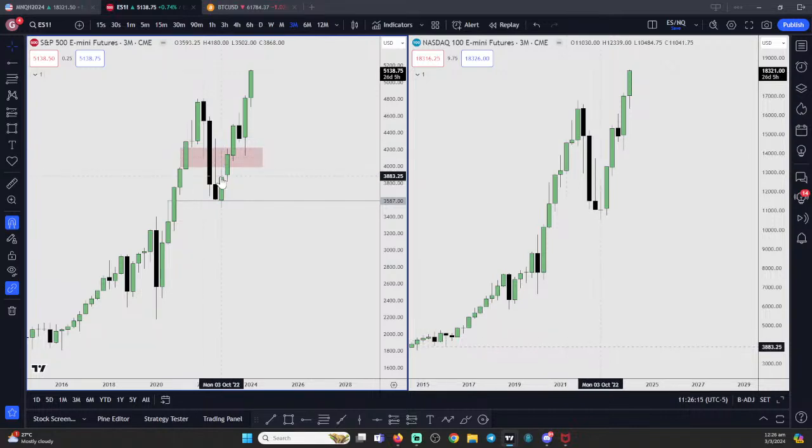And then in subsequent months we have resistance as we head up into this balanced price range. And once we got the close above the balanced price range, it's a signal that you're probably going to attack this high here.